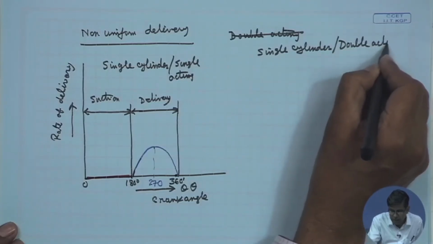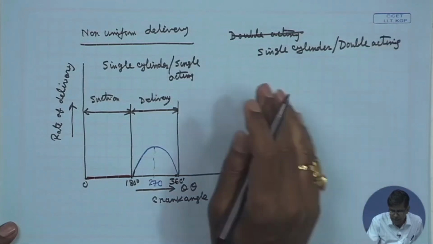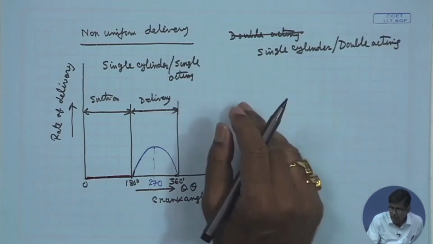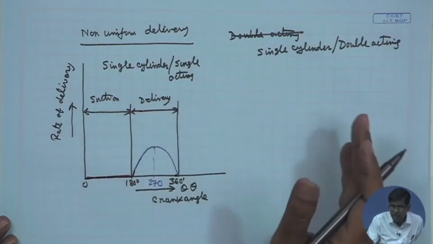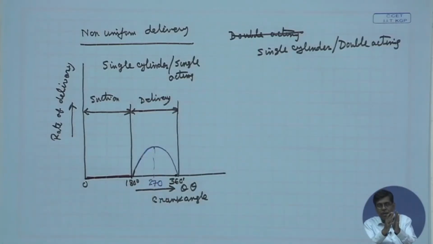Double acting means it has the inlet and outlet valves similarly on both sides of the cylinder. That means, when the cylinder executes a suction motion on the left side, on the right side it discharges the liquid. When the piston executes a reciprocating motion, on one side of the piston there is a suction created, and on the other side of the piston there is a discharge created.